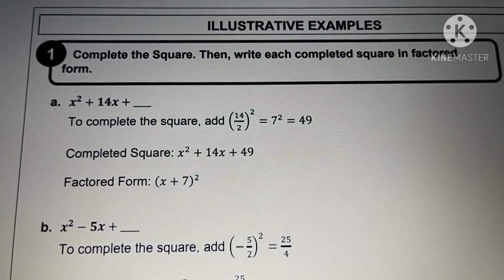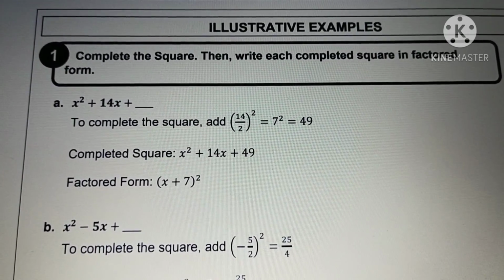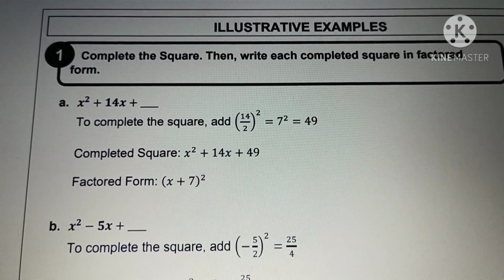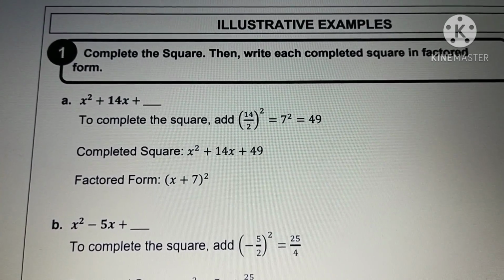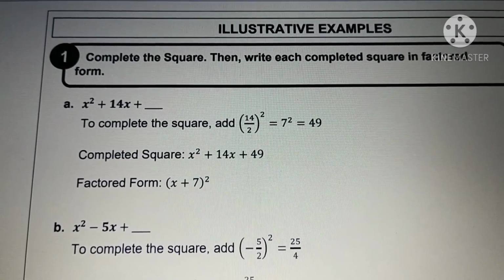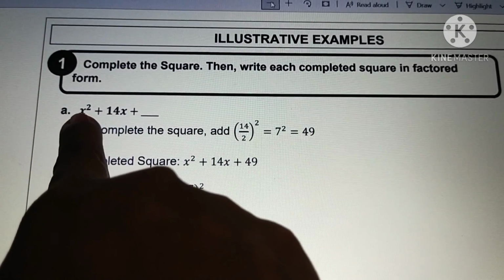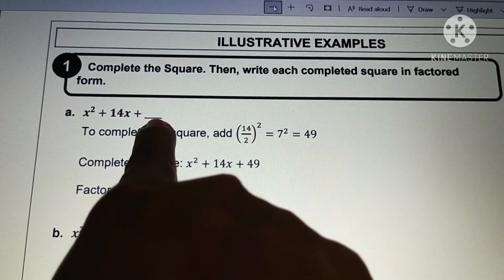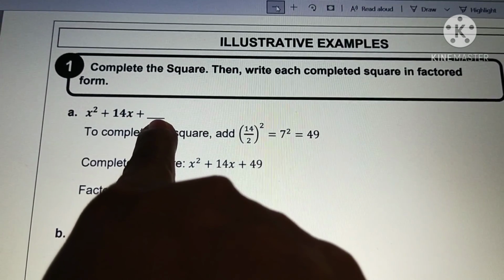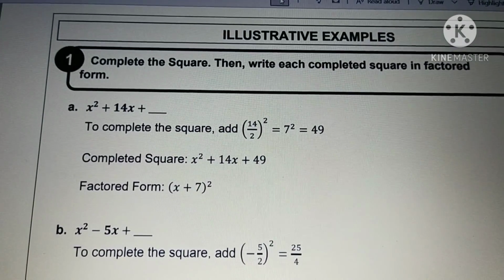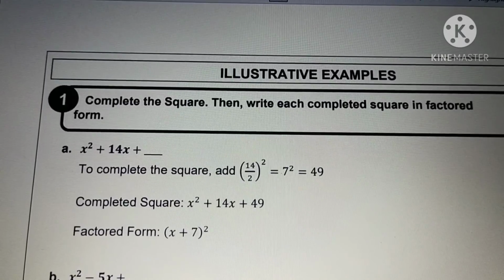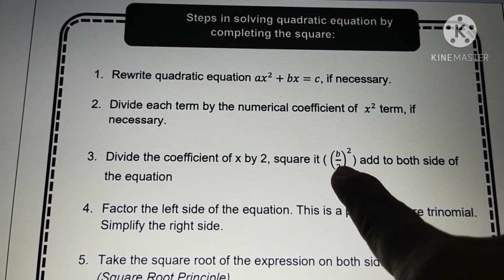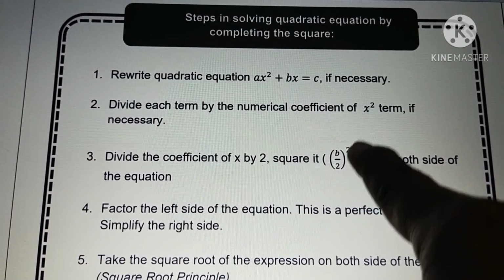To solve, we will complete the square for a while. So this is just a recall on how to complete the given: x squared plus 14x. So anong dapat i-add dyan? What is our formula? Going back, our formula is b over 2 quantity squared.